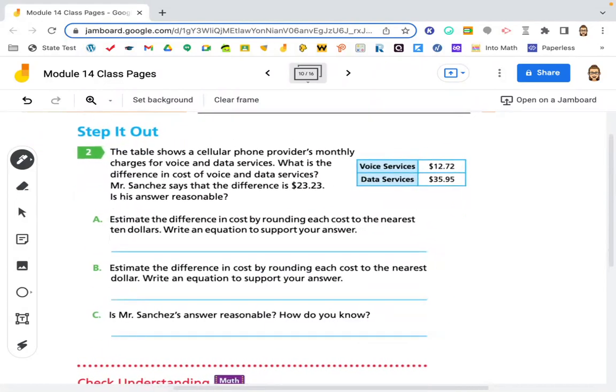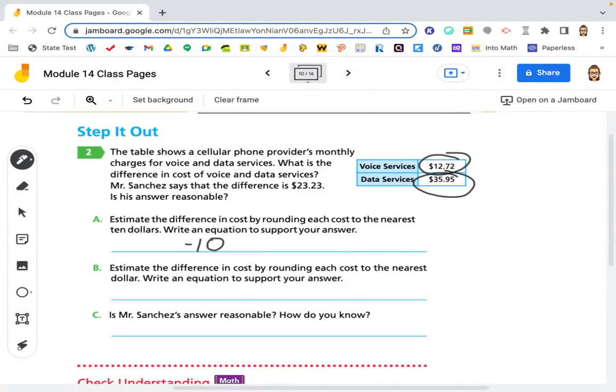Well, this to the nearest $10 would be $10, because it's closer to $10 than $20. I need to do the difference, so that's going to be the smaller one.